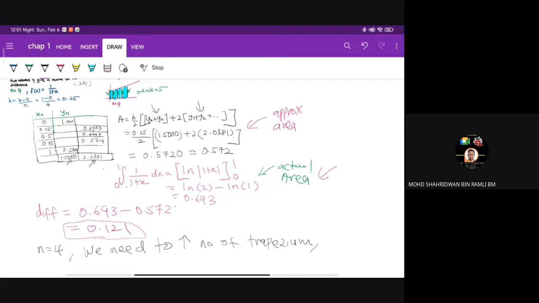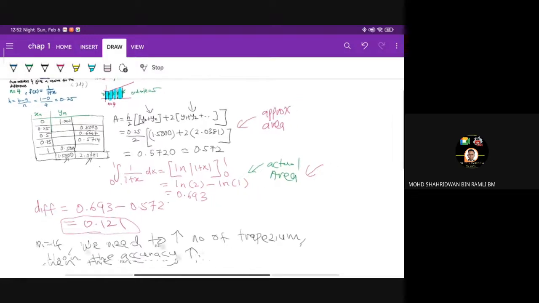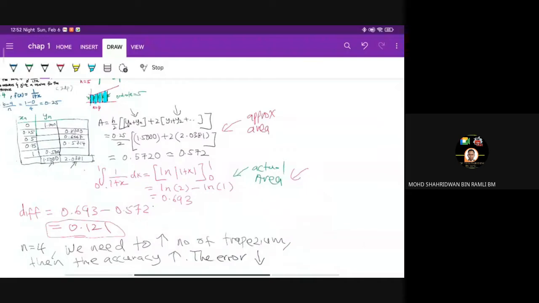Then the accuracy will also increase, or the error will decrease. So how to calculate the error? So the error is this one.